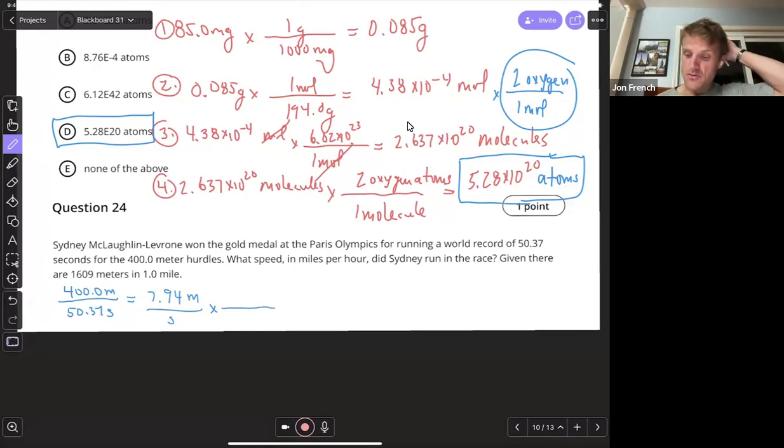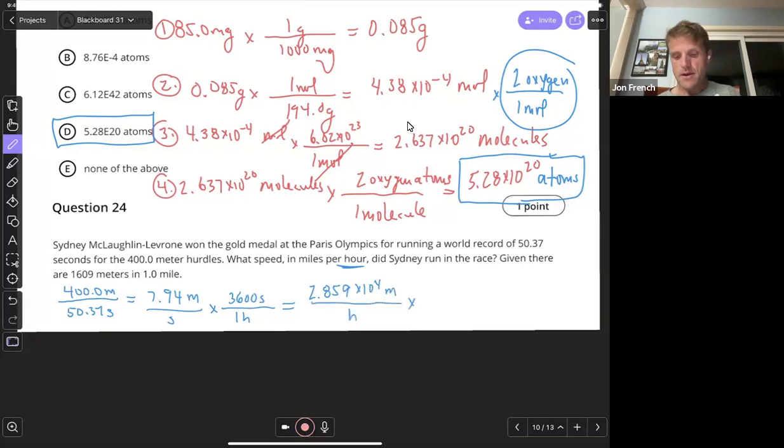So, all right, meters per second. We'll convert hours first, right? So we know in 1 hour there's 3,600 seconds. So multiply by 3,600 and we get 2.859 times 10 to the 4 meters per hour. And then next we want to go to miles per hour.